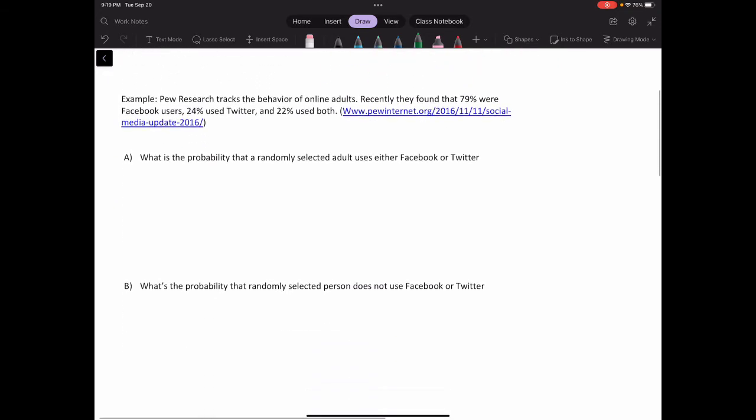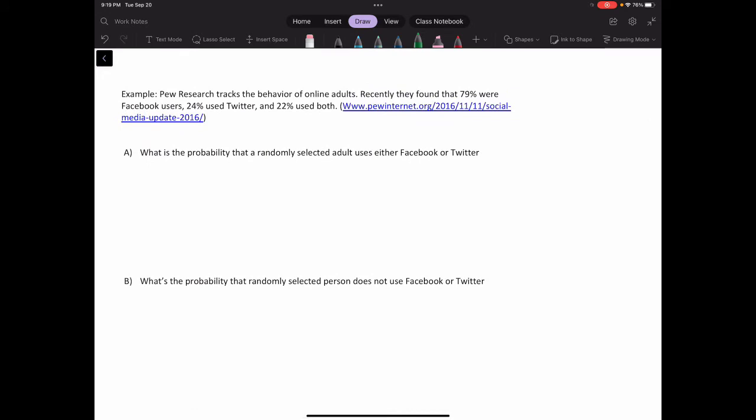For example, Pew Research tracks the behavior of online adults. Recently, they found that 79% were Facebook users, 24% were on Twitter, and 22% used both. What is the probability that a randomly selected adult uses either Facebook or Twitter? What's going to be extremely important, folks, when it comes to finding probabilities is labeling your events.